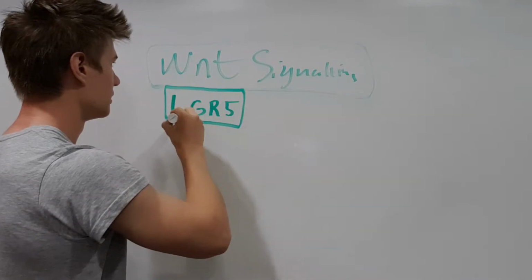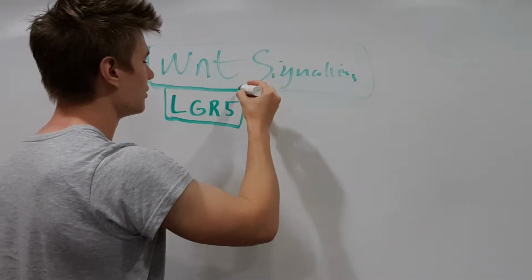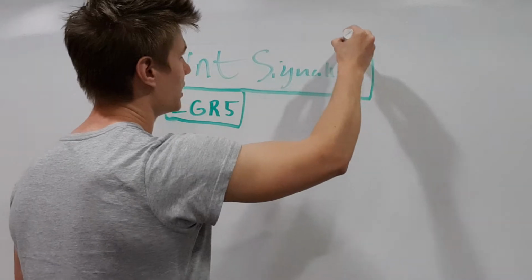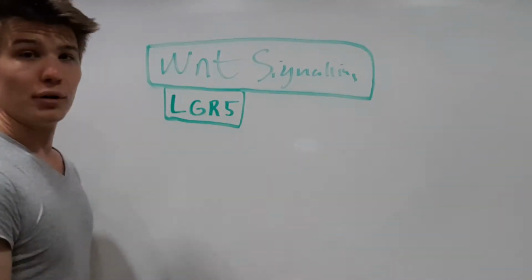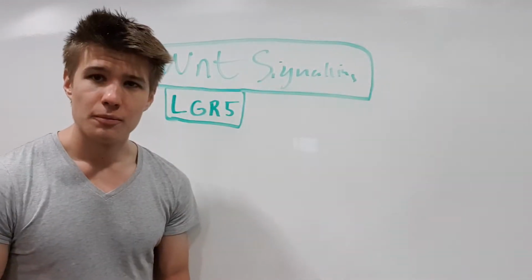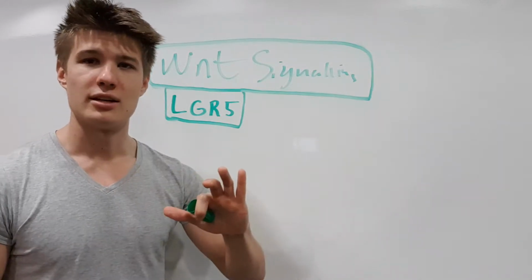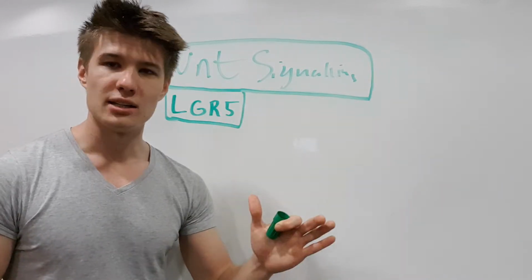LGR5 allows us, in short, to pull out cells that are exhibiting Wnt signaling.